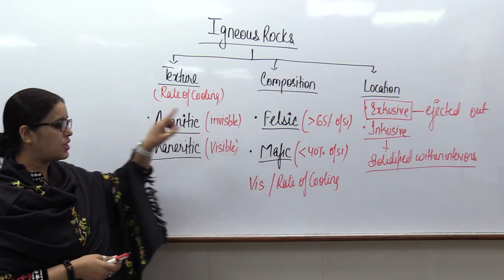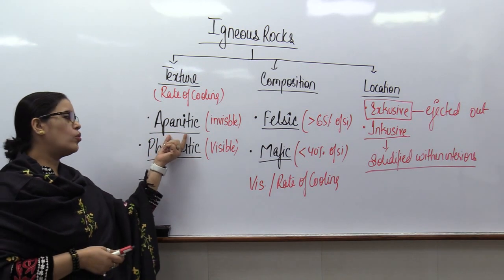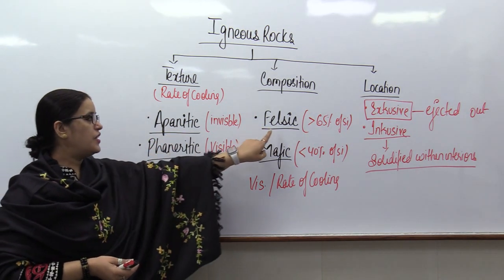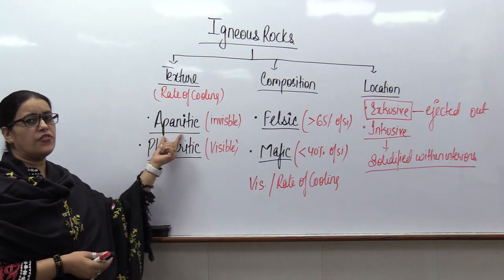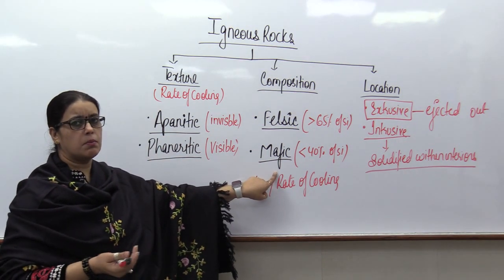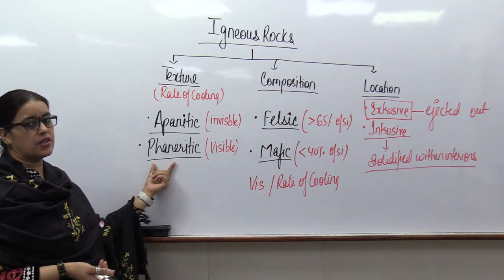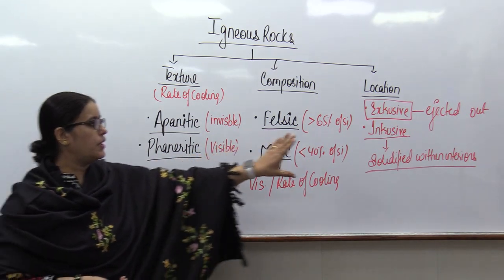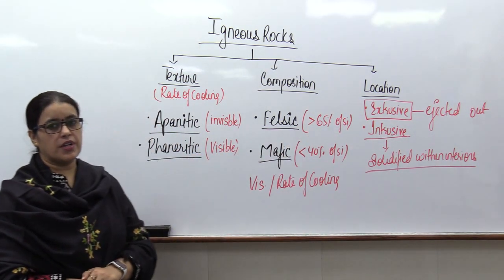Because of viscosity, I'll be cooling faster. And because I'll cool faster, I'll be developing an aphanitic texture. Felsic igneous rocks are essentially aphanitic textured. Mafic igneous rock, basalt, is essentially phaneritic texture. But will that be an absolute category? No. Granite and basalt can develop in extrusive and intrusive locations also.